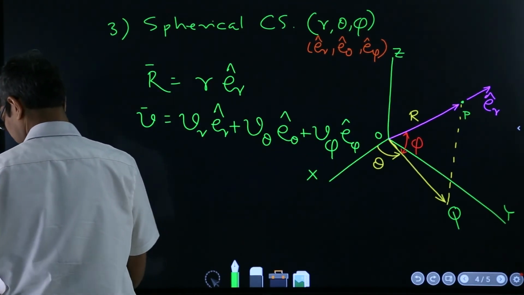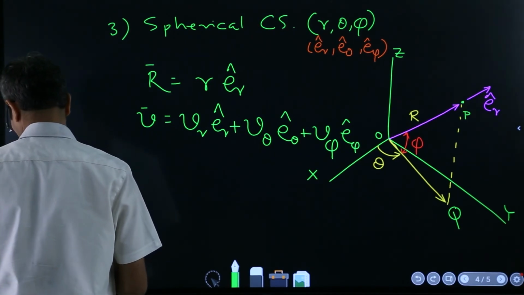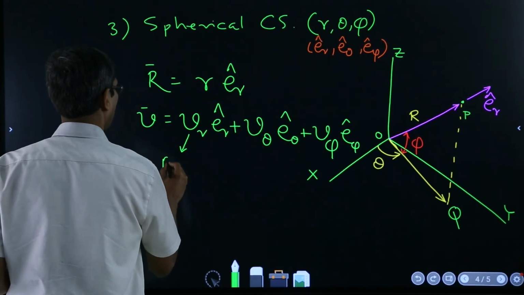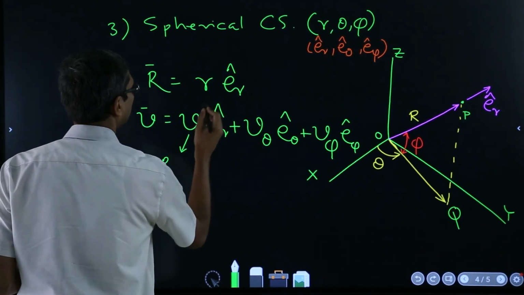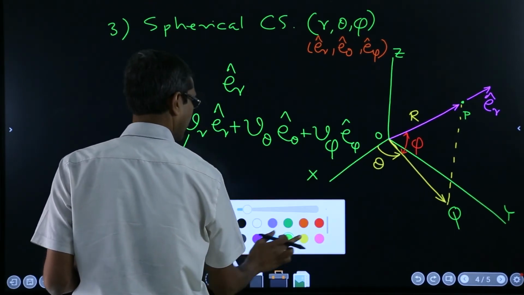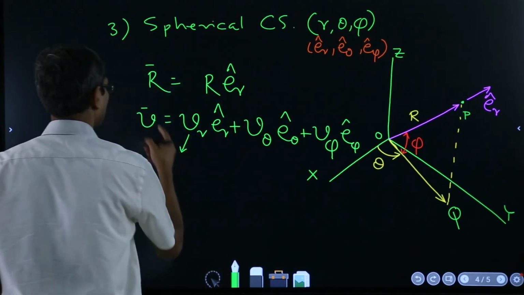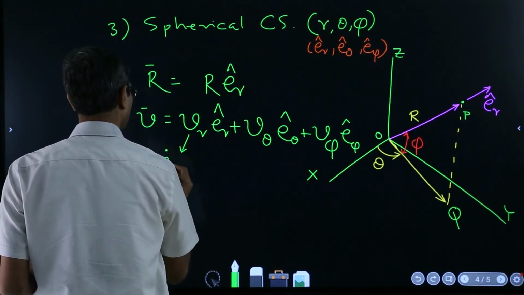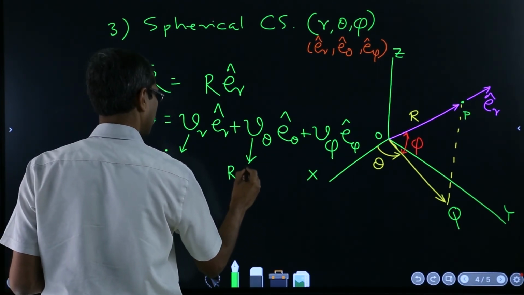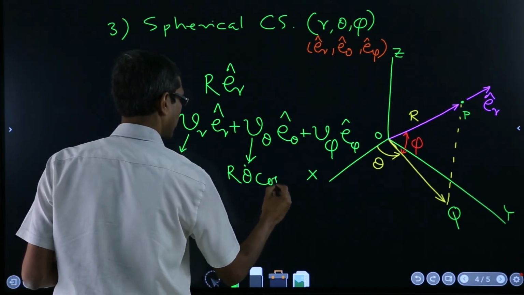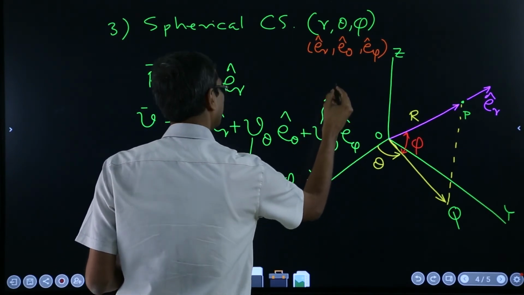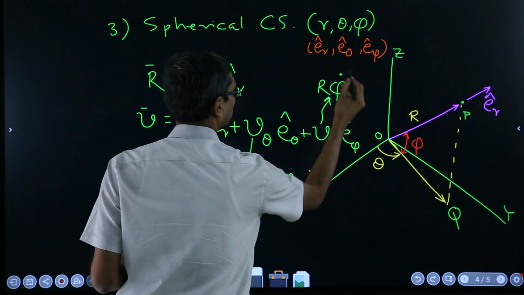So yeah, and here v_r will be r dot, or yeah, so basically this I should make as capital R. Okay, this is a vector, and yeah, so r dot, and v_theta is going to be r theta dot cosine of phi, and then v_phi will be r phi dot.